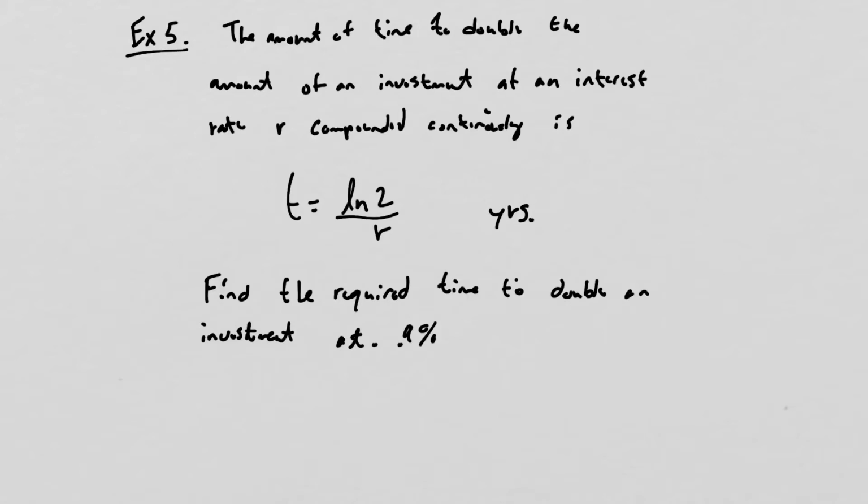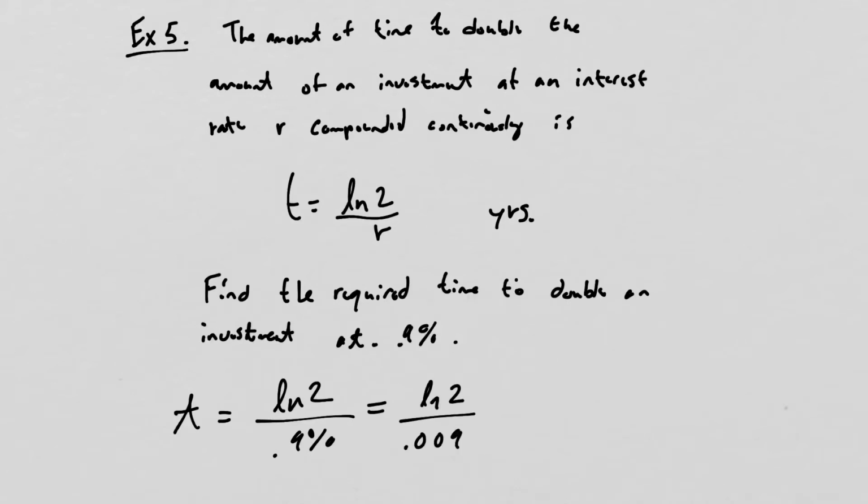Let's find the required time to double an investment at 0.9%, which is our interest rate. T is going to be equal then to the natural log of 2 divided by 0.9%. Now we need to go ahead and rewrite this as a decimal. This is equal to the natural log of 2 divided by 0.009.